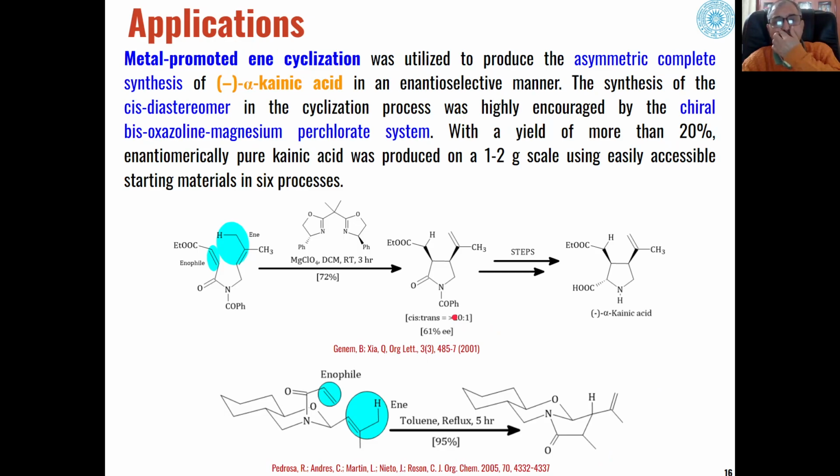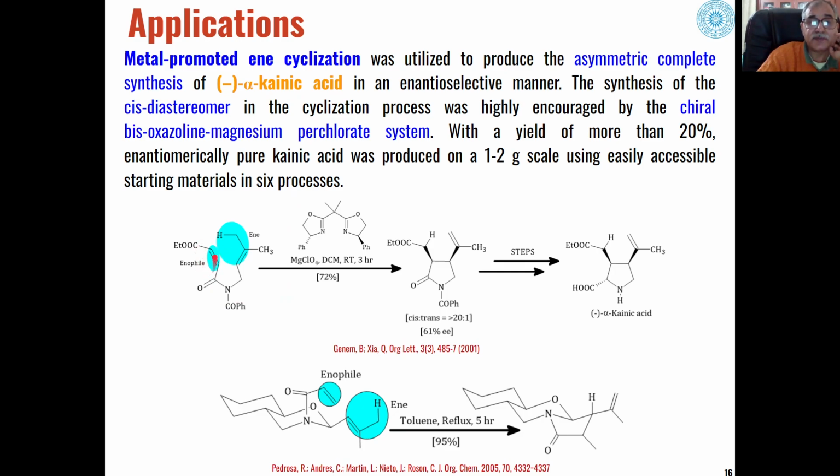Then metal promoted ene cyclization can also take place to give us intramolecular ene reactions. This reaction is used for the asymmetric total synthesis of alpha-kainic acid.